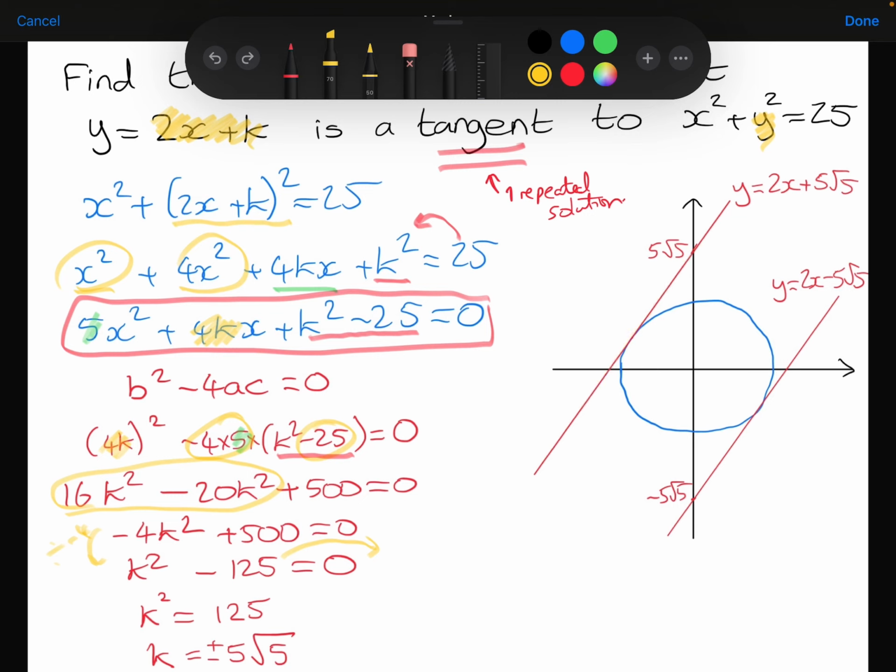Or it could have been that k was minus 5 root 5, which is down here. That's where the y-intercept down there is minus 5 root 5, where again we have another line with a gradient of 2, where it is a tangent to the circle. So those are the two values of k that mean that 2x plus k is a tangent to the circle x squared plus y squared is 25.